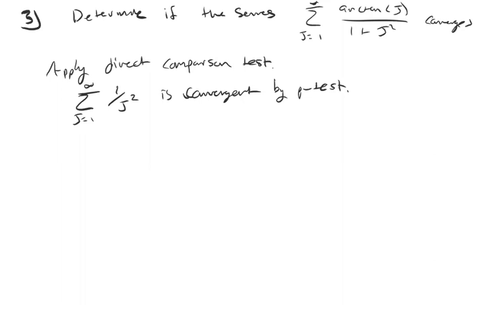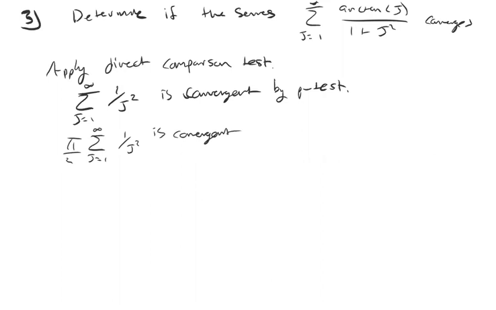So since it's convergent, we know that if we multiply by pi over 2, and I'm kind of working backwards, and sometimes with direct comparison, you kind of have to work backwards this way. But we know that this will also be convergent, right? Because if this sum is convergent, it's just a finite number.